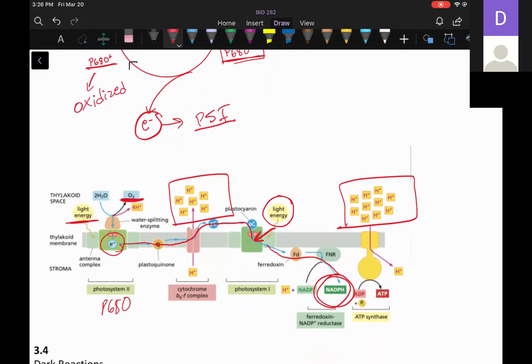So once we get those hydrogen ions, it's a similar process where they're going to go through this enzyme ATP synthase, and we're going to make ATP. So we can say the major outputs of the light reactions are going to be NADPH and ATP. Those NADPH and ATP that we make in the light reactions are going to be used in the Calvin cycle.